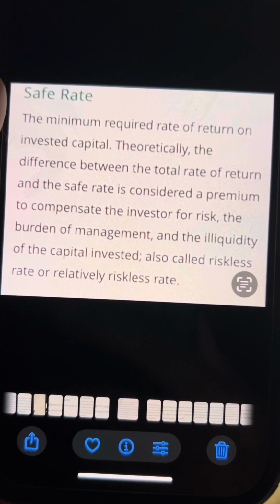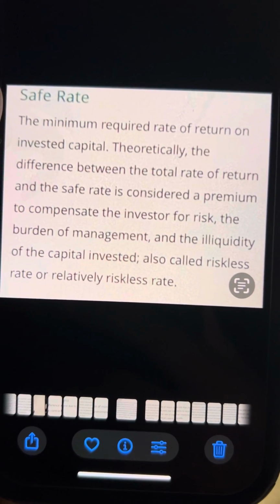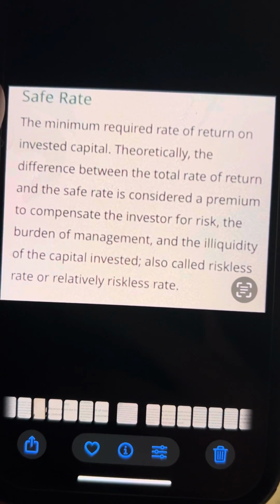Number 9, the minimum required rate of return on invested capital.